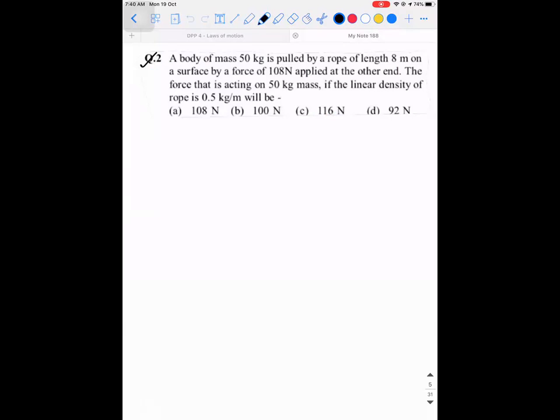So what is the difference between the previous question and this question? Mass was directly given for the rope, but here it's not given. Okay, but is it possible for us to find the mass? Yes, sir. Length is there, and linear density is there.